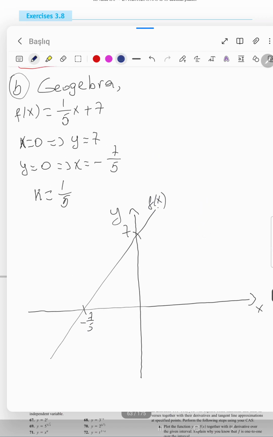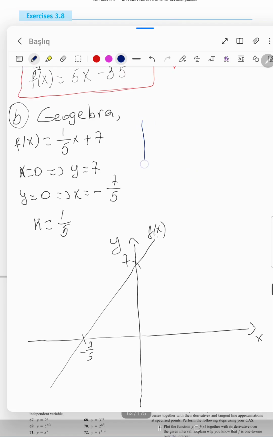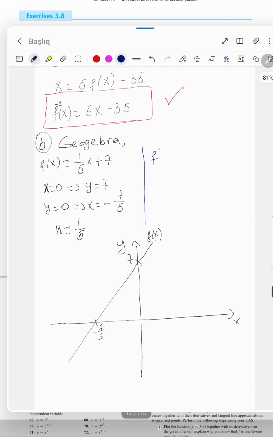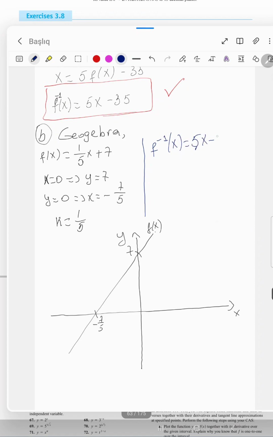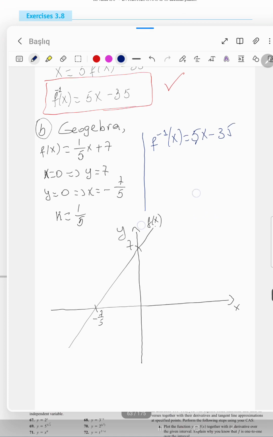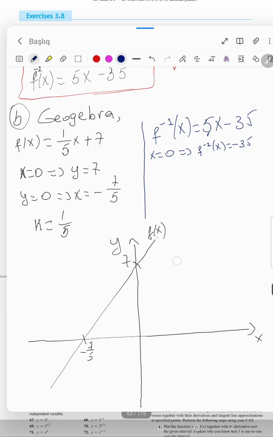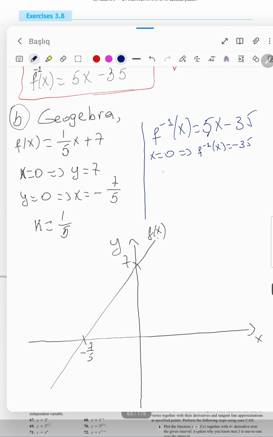And now let's draw the inverse function. We found that it is 5x - 35. When x is 0, f inverse of x equals -35.